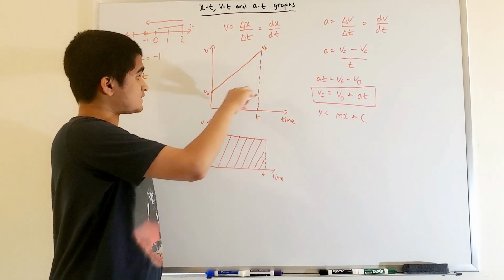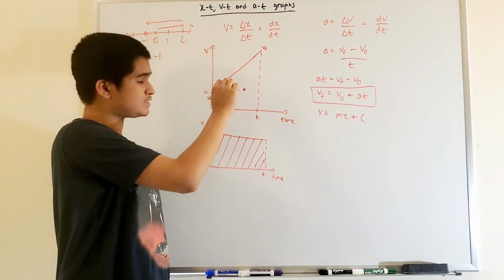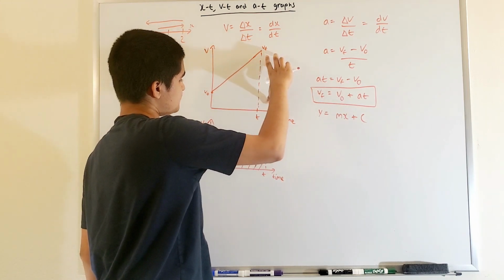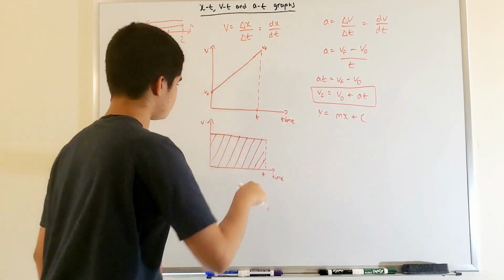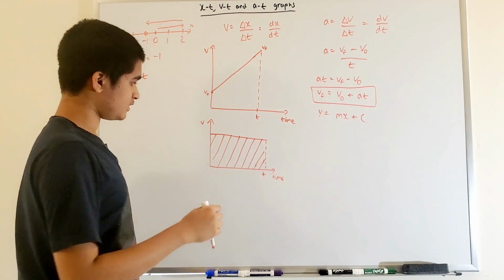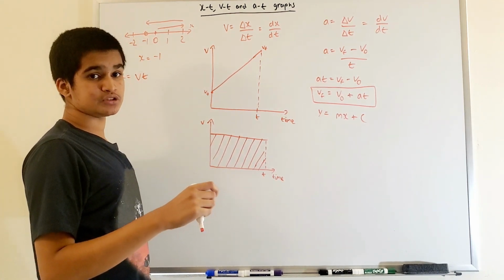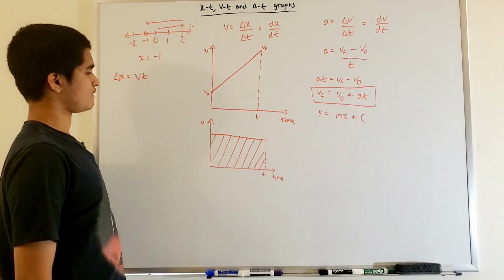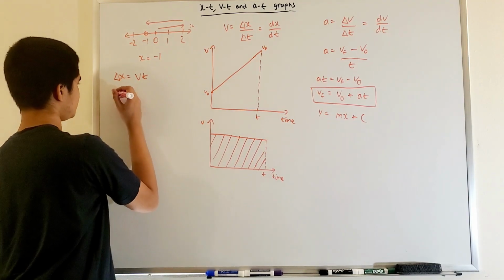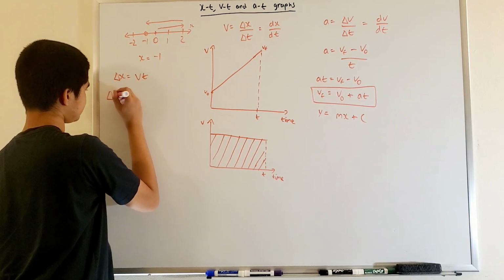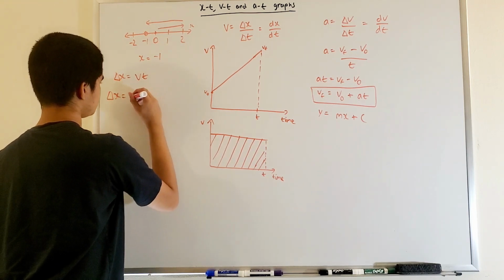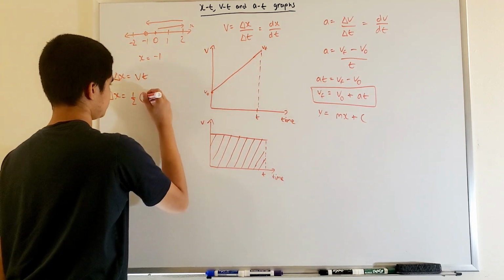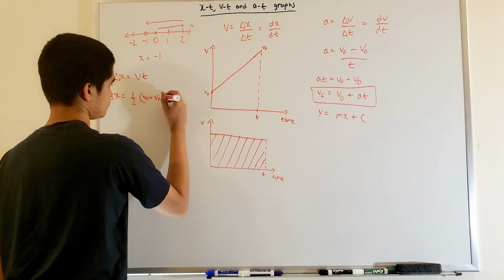So notice that this graph is a trapezium with its side lengths as V0 and Vf and height as t. The area of a trapezium is given by half into h into the sum of these two lengths. Applying the formula, we get that delta x is equal to 1/2 into v0 plus vf into t.